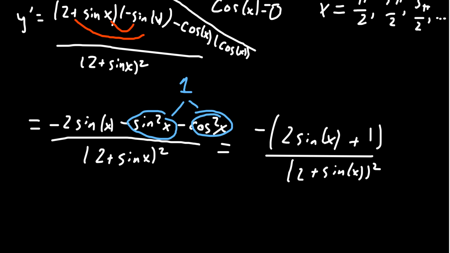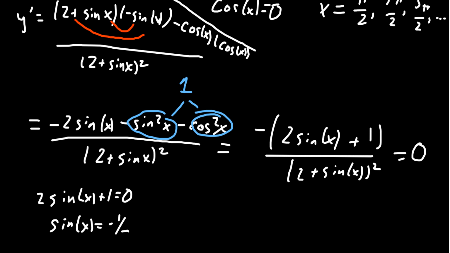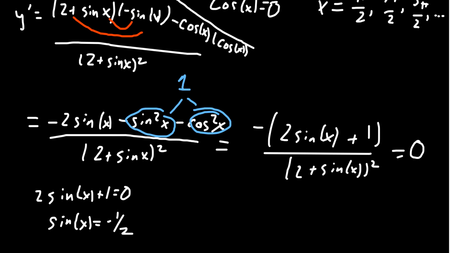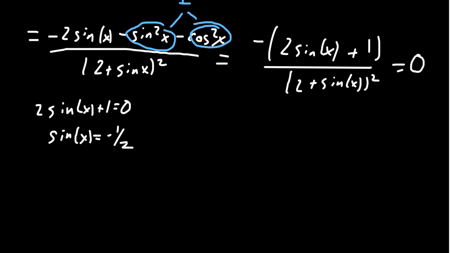To find the critical numbers, we look at what makes this thing equal to 0. And in which case, we set 2 sine of x plus 1 equal to 0. This gives us sine of x equals negative 1/2. And so think about those unit circle diagrams that we've known from the past, if you have to.